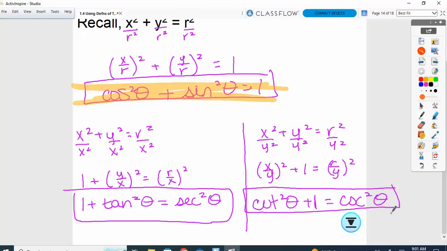So again, I'm giving you all 3. If you want to use them right now, you are welcome to. At this point, the only one that I would really ask you to try to remember is the first one. This cosine squared theta plus sine squared theta equals 1.